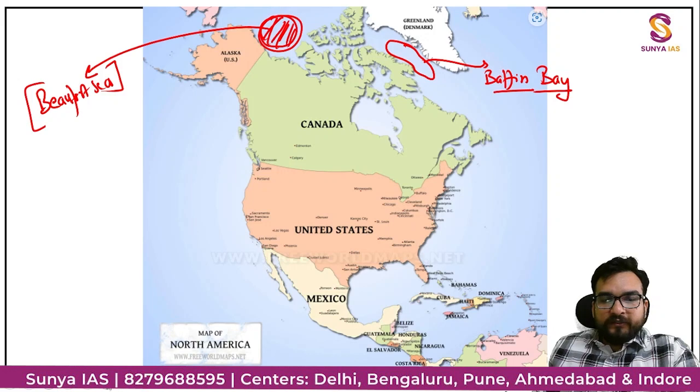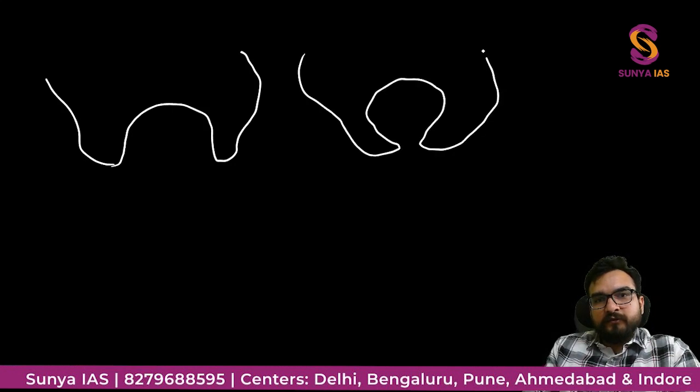Just wait. See, guys, I am drawing three types of land masses. Suppose this is one land mass, right? And this is second land mass. Just wait. And this is third landmass.